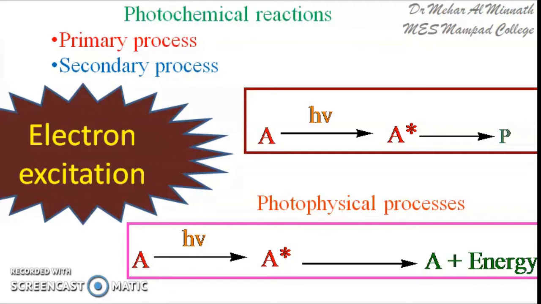And we know that any chemical reaction involves electrons. It is the electron which plays the important role. It may be transfer of electrons, sharing of electrons, migration of electrons, or excitation of electrons. So the Jablonski diagram depicts this aspect: what happens when an electron gets excited, and what are the energy changes happening.